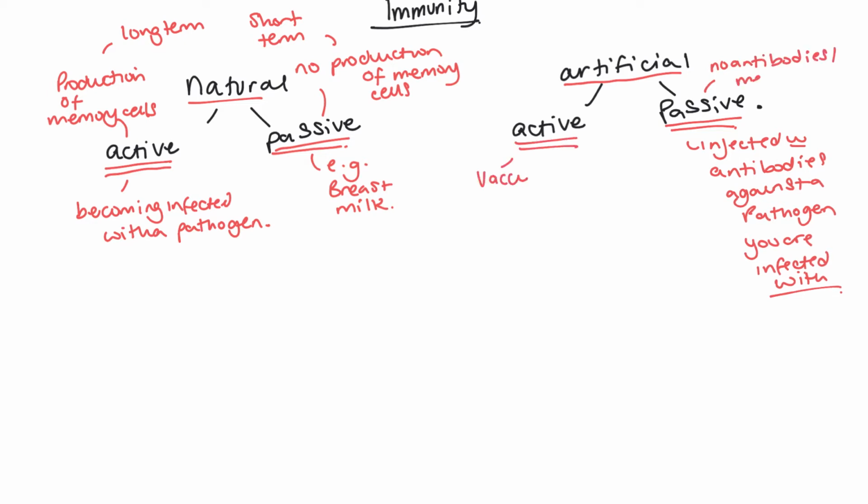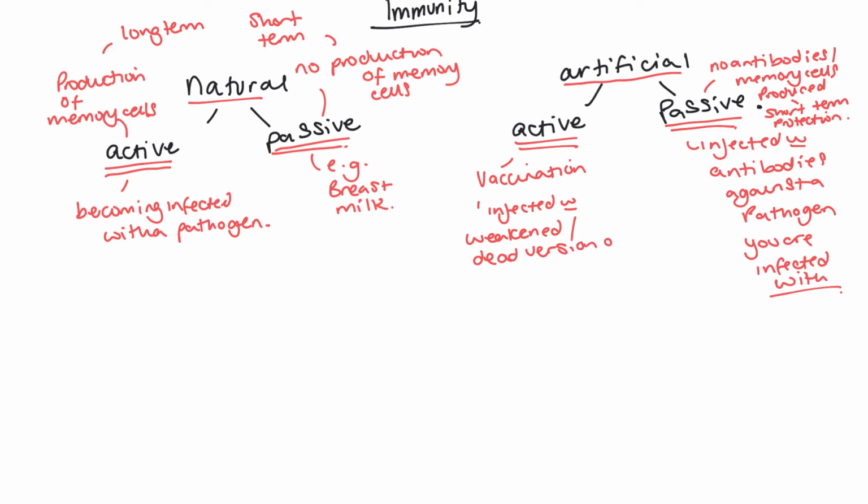This is where you are infected with a weakened or dead version of a particular pathogen. It's like a little training run. It acts in replacement of the primary immune response. Your body sees this pathogen, it's like, oh my gosh, I've been infected with something, I must immediately have my immune response.